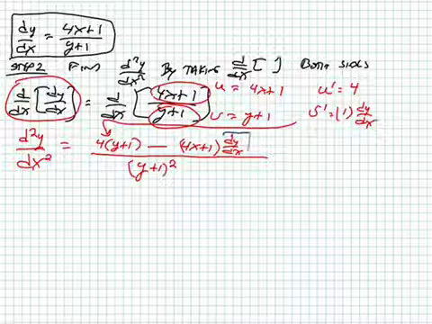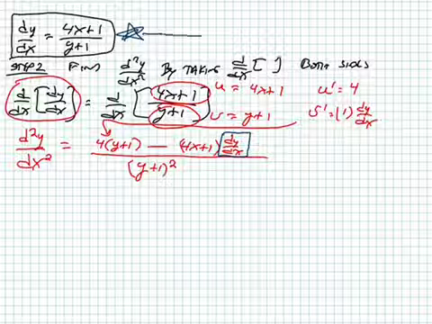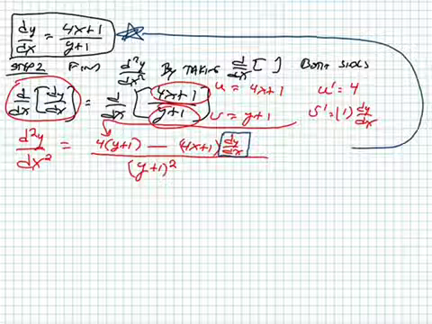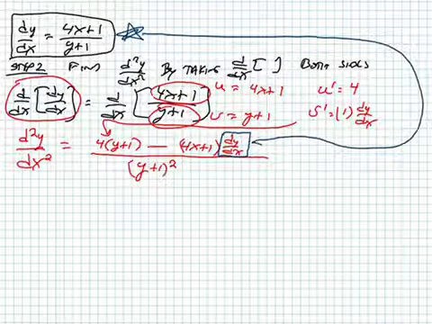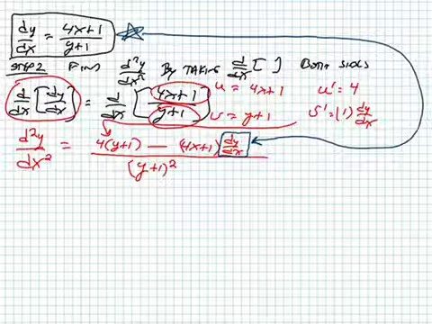Notice here we've got the dy dx term. And the problem is always going to ask you to find the second derivative in terms of x and y only. So what you're going to have to do is go back up to your first derivative up here and insert that in for any dy dx's. So I'm going to go ahead and insert that.